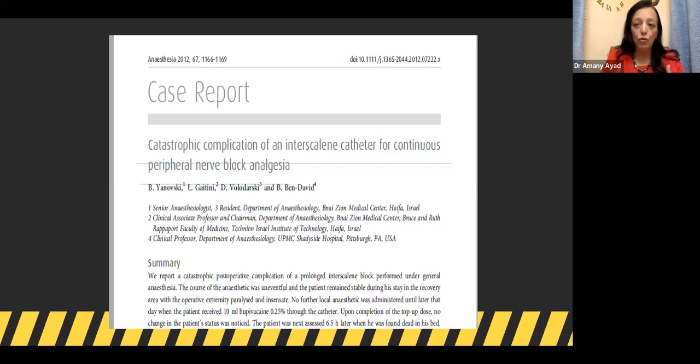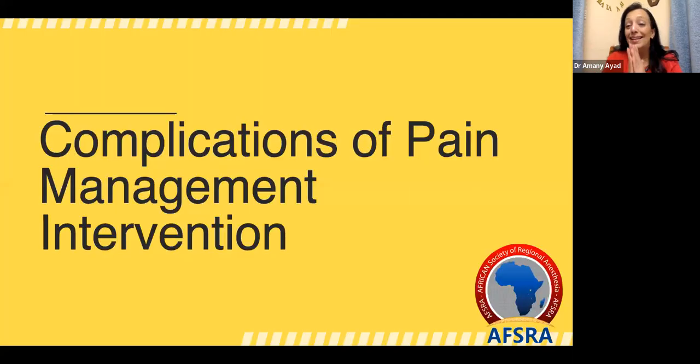Around the peripheral nerve, we can give a high concentration of local anesthetic. That's why it was like having a complete spinal or complete epidural. So the patient stopped breathing and died. So it can end up catastrophic. It's very important that safety is a cornerstone in any pain management intervention.